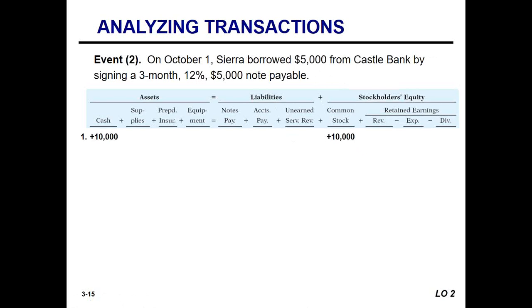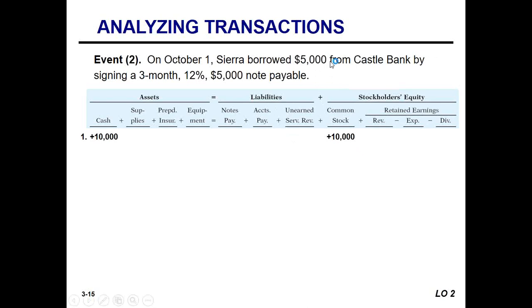Sierra borrowed $5,000 from the bank by signing a 3-month, 12% $5,000 note payable. I think we talked in a previous chapter how a note payable is different from an accounts payable. A notes payable is a formal promissory note that generally has interest attached to it. It has a time when it is due, and it is signed.